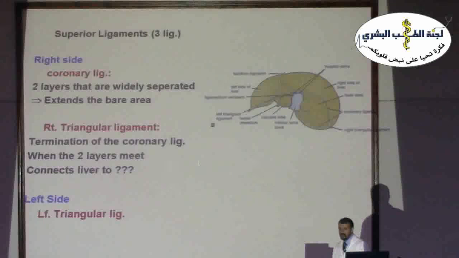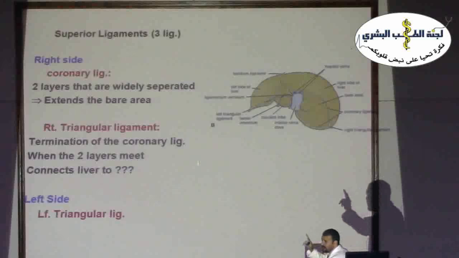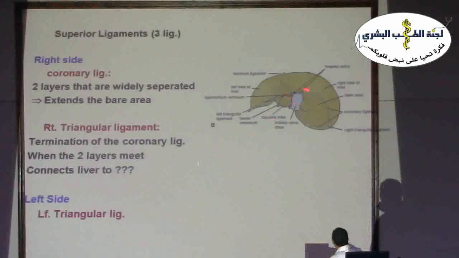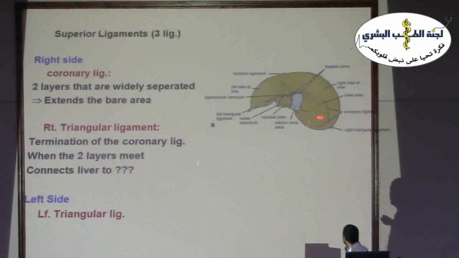Now if you look carefully here on the superior surface, you will have 4 layers of visceral peritoneum. Anterior right layer, anterior left layer, posterior left layer, and posterior right layer of peritoneum. Because the peritoneum here starts to separate away from the topmost, forming the bare area of the liver.